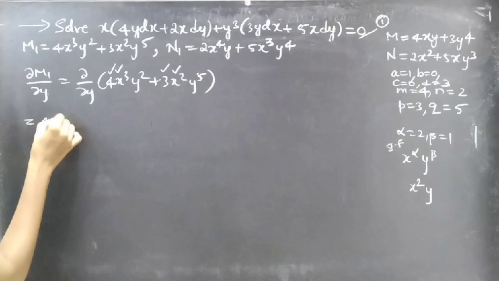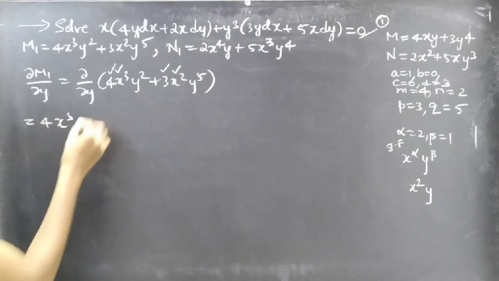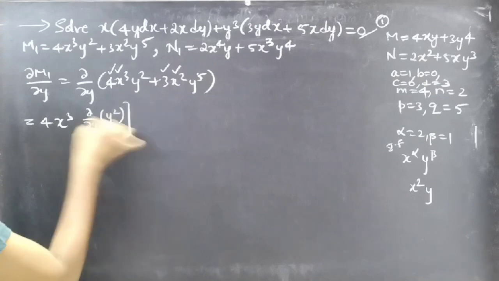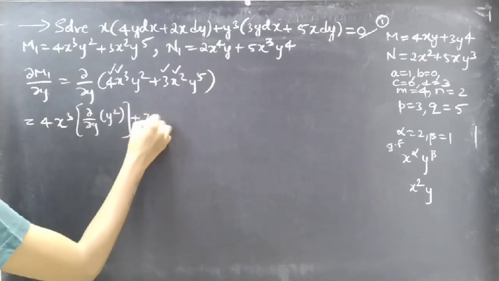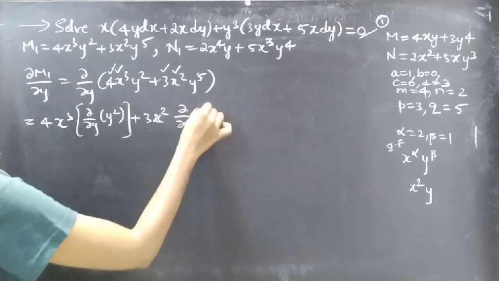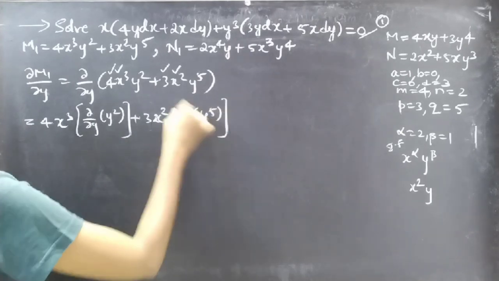So we can write this as 4x³ into the partial derivative of y² with respect to y, plus a constant into the partial derivative of y⁵ with respect to y.